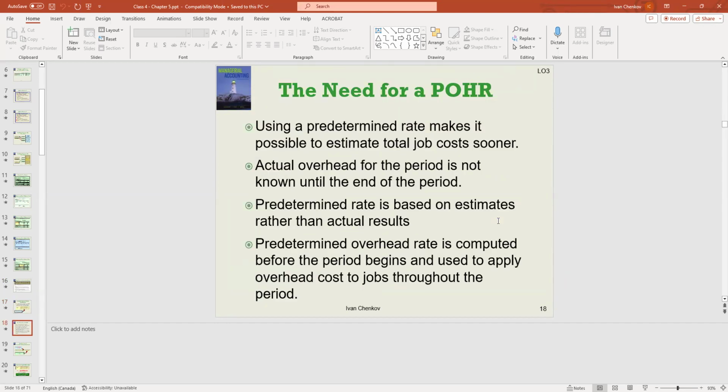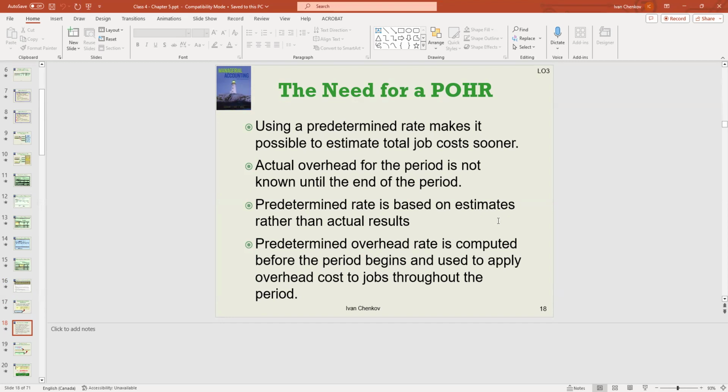Why do we need that predetermined overhead rate? Because if we use the predetermined overhead rate, we can actually assign cost to our product, and we can calculate the cost for the job or cost for the product.